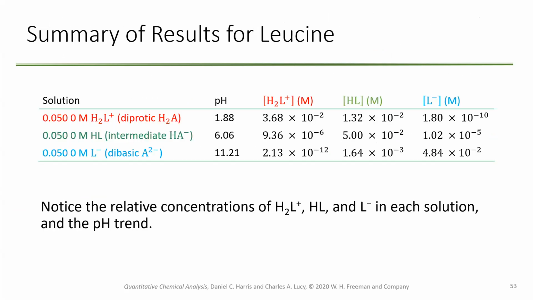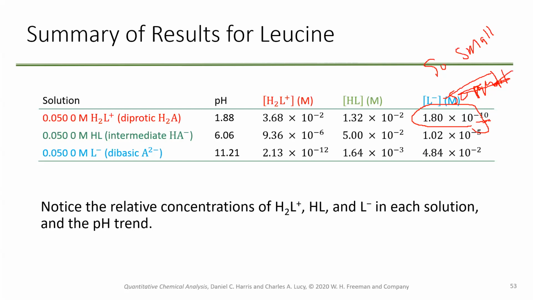The big message out of this is you've got a teeny tiny amount, so small. You get a teeny tiny amount of whatever your fully deprotonated form is, if you're starting off with your fully protonated form.